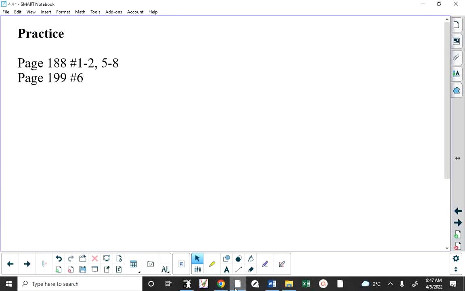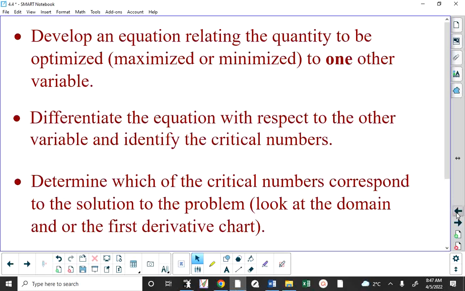So with max-min, not related rates, again, you want to come up with an equation that connects the thing you want to maximize or minimize to a single variable.